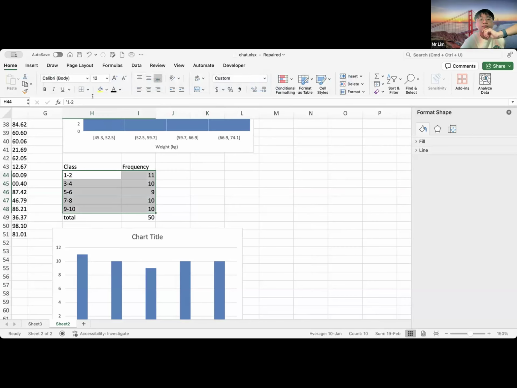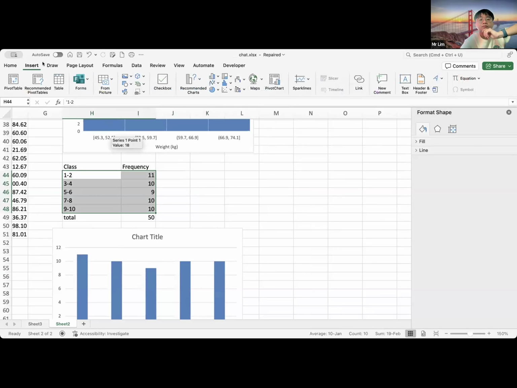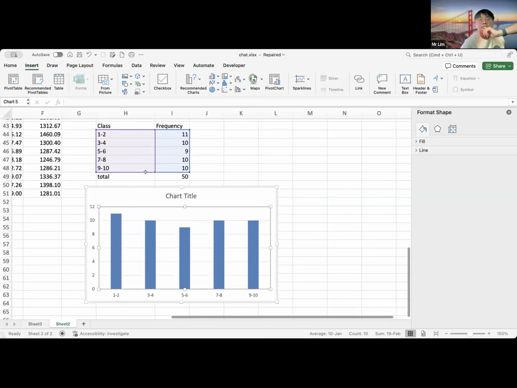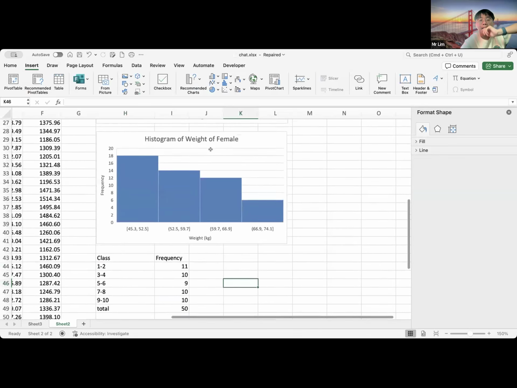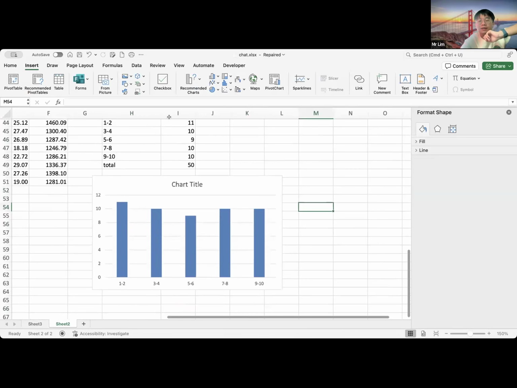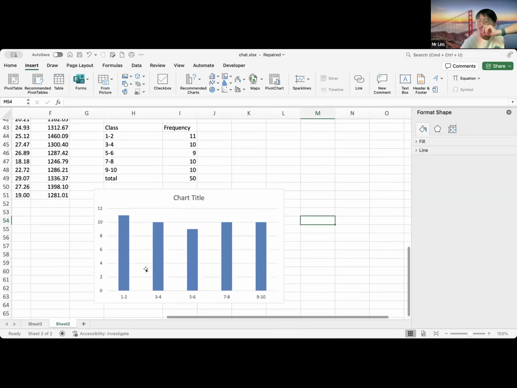Somehow, you need to change your x-axis.